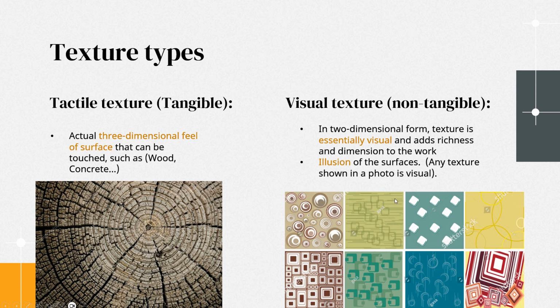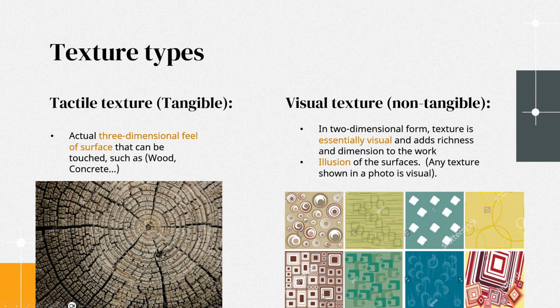Even in the other photo here, you can see all of the elements, all of the design. It has certain texture, it has a certain feeling. Although we cannot touch it, we can see that there's a sort of texture. Also here, any pattern you can see in a design or in any composition, we perceive as a visual texture.